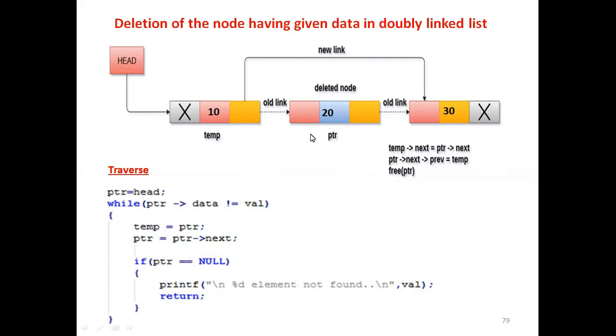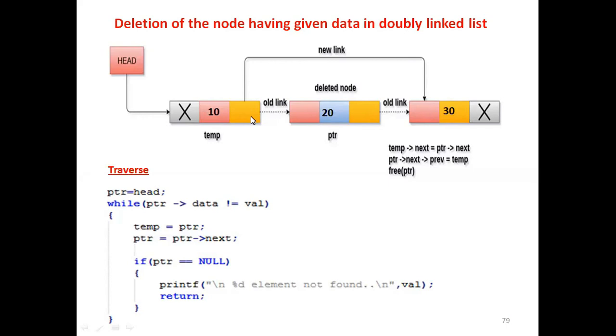In this case, you can see PTR is pointing to this node with the value 20, and temp is pointing to the previous node of that. So now if we want to delete this node, then after deleting this node, what will happen? This node should point to this node. Yes or no?